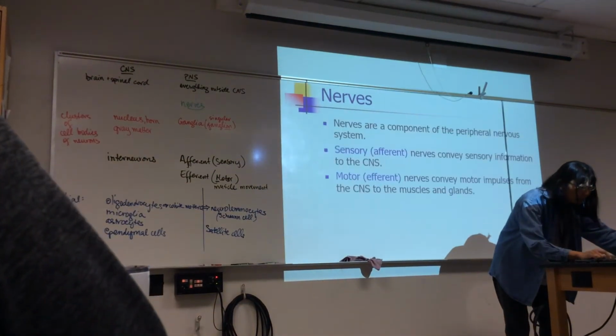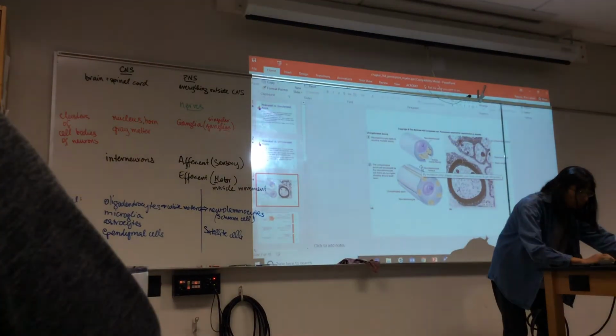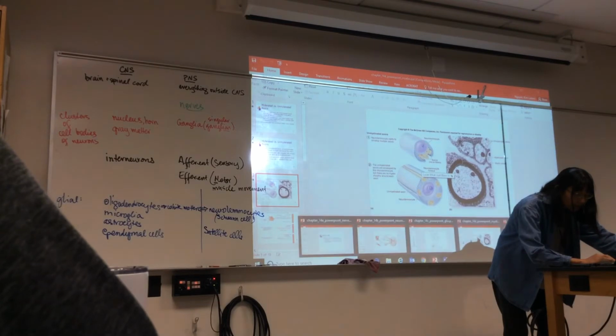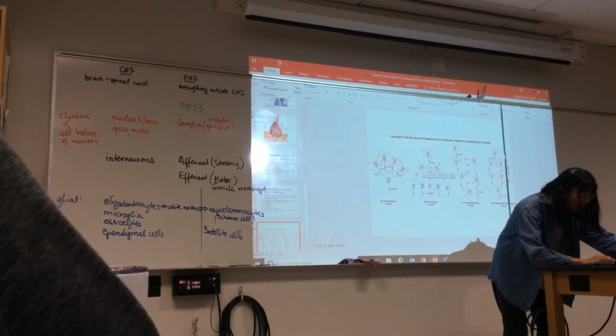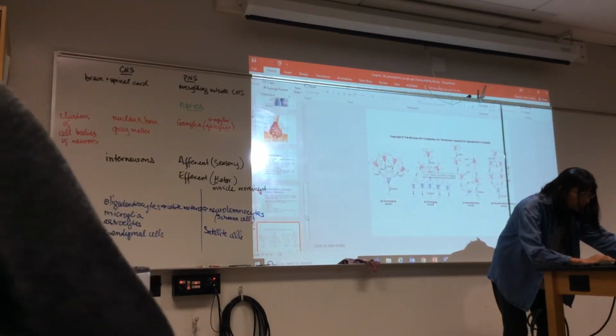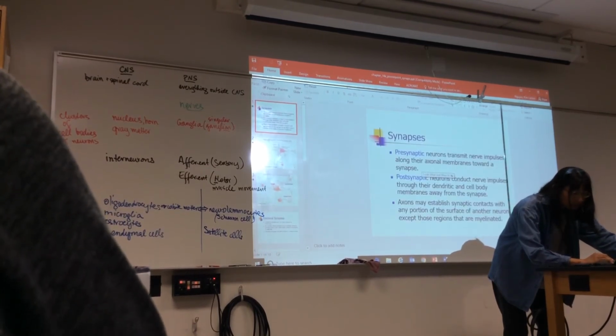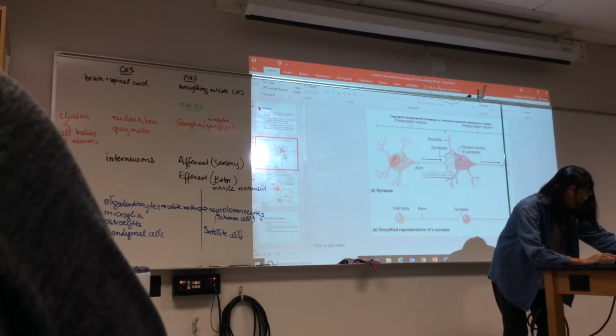So wrapping it up here, I want you to understand synapse. That is how one neuron meets up with the next neuron. Synapse is where one neuron meets up with the next neuron. So here's the picture.